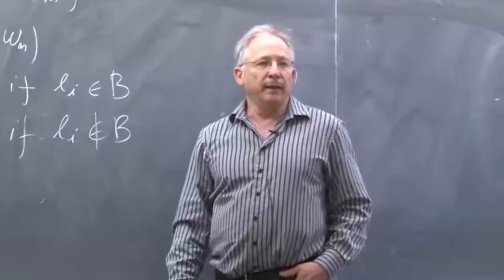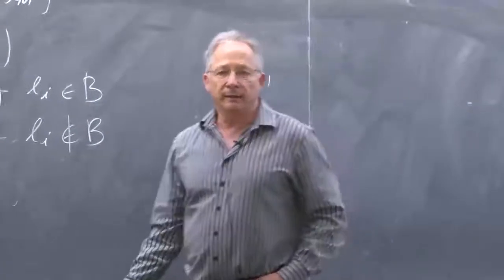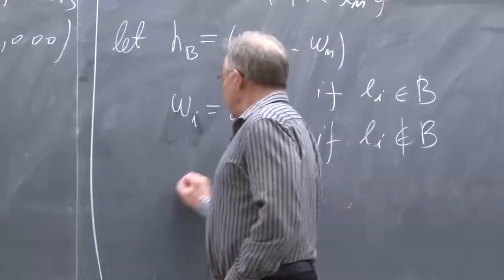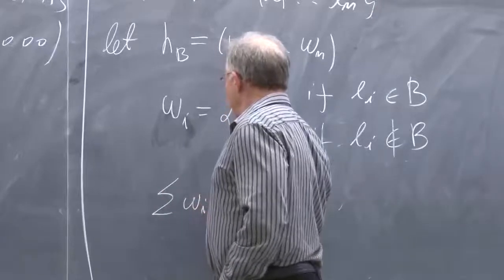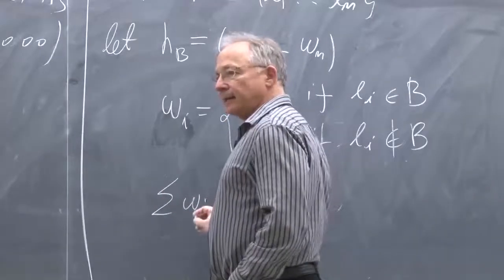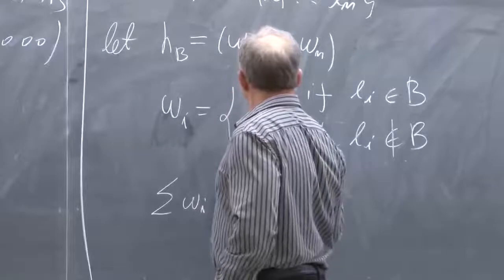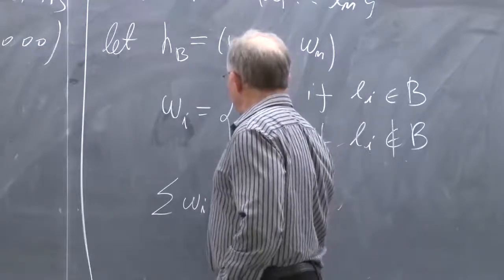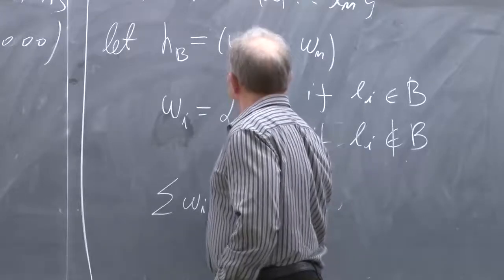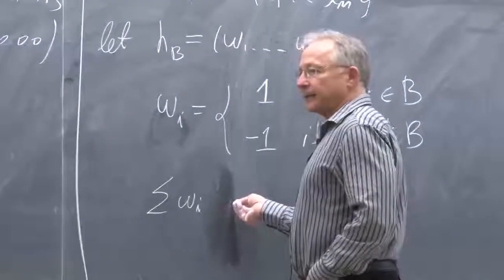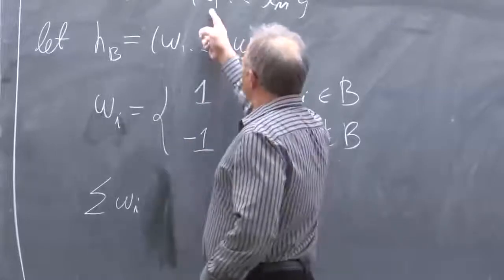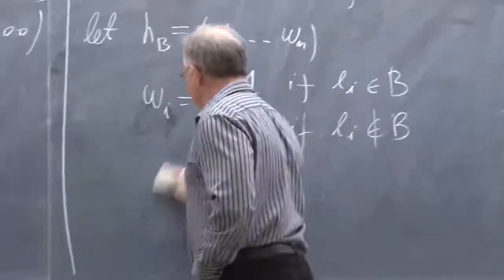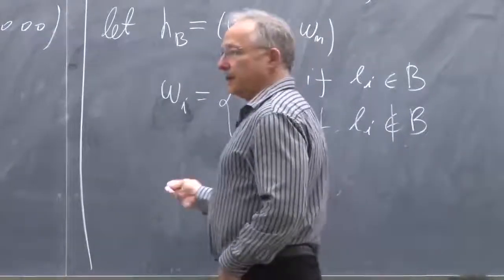What will happen if I take a point in B? Then I have the sum for a point in B. What happens when I take the sum of Wi xi, but what is xi? Xi is the coordinates of this guy. Right? So we can write it as the dot product.